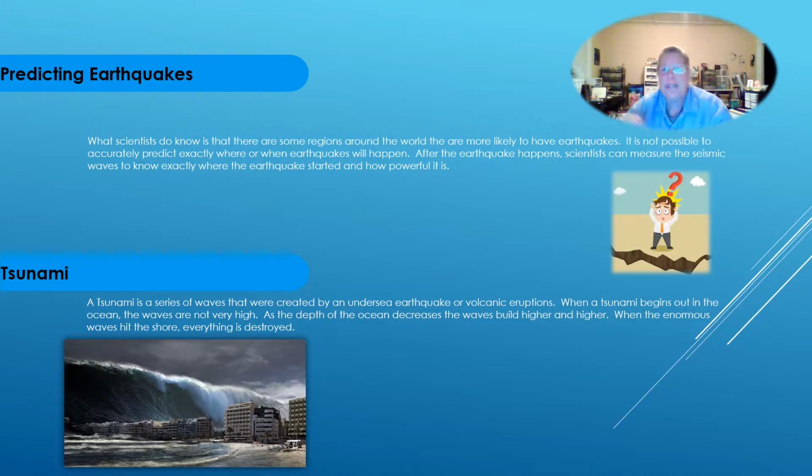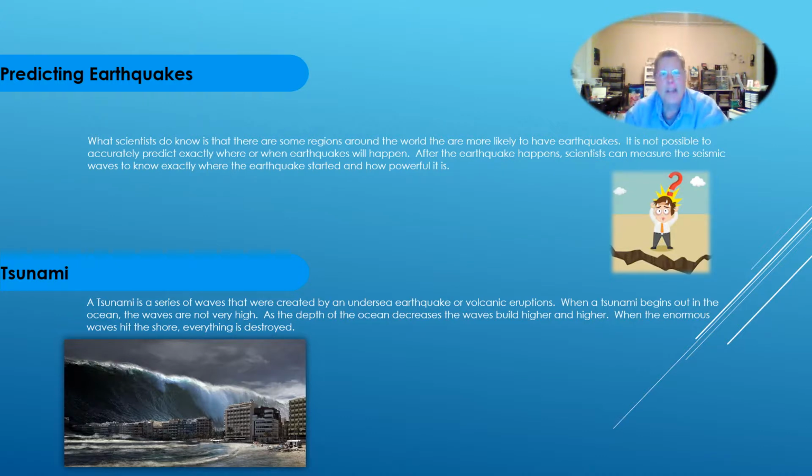After the earthquake does happen, scientists can measure the seismic waves and know exactly where the earthquake started and how powerful it is.